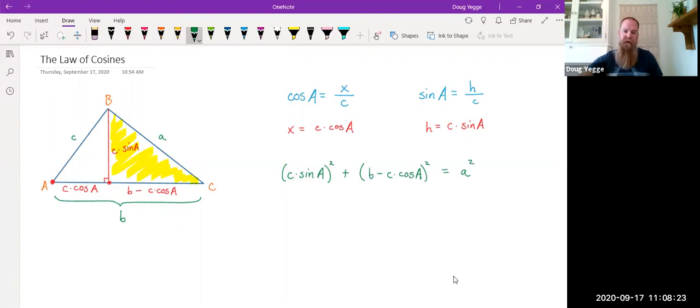Okay, well, if we expand this, then let's just put the A squared on the left side.